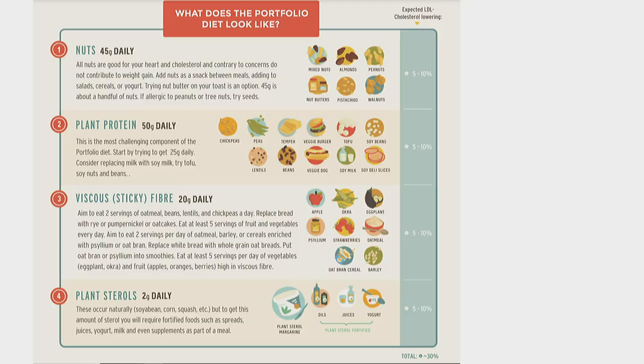So this diet contained nuts, because nuts are well known to have polyunsaturated fatty acids, which decrease LDL cholesterol, plus plant protein, viscous fibers, and plant sterols. Those foods are combined together as a whole diet.